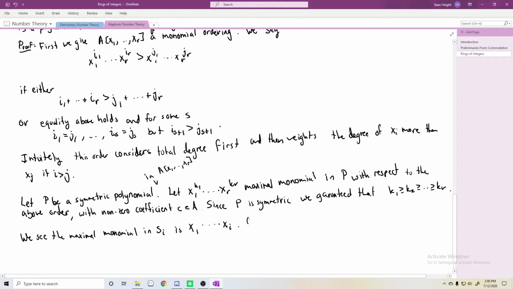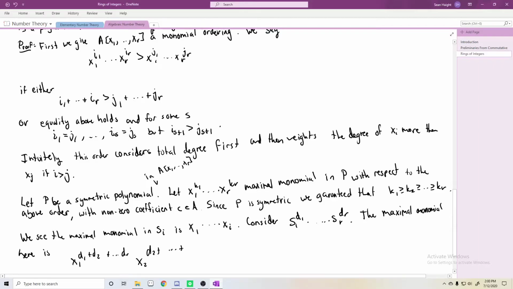Okay, so consider s1 to the d1, through sr to the dr. The maximal monomial here is going to be x1 to the d1 plus d2 plus through dr, x2 to the d2 plus through dr, and so on, times xr to the dr.